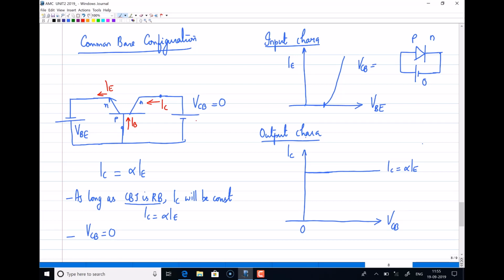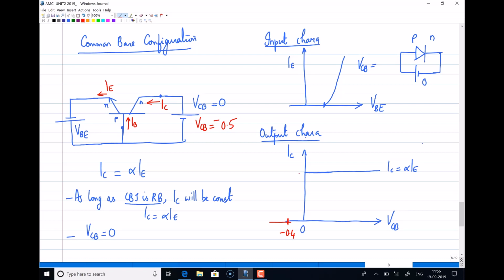If I look at this PN junction, for VCB equal to 0, the junction is not forward biased. So till VCB equal to 0.5, when I say VCB equal to 0.5, your collector has a higher potential. So VCB should be equal to minus 0.5, right? VCB will reduce to 0, then VCB will increase in the reverse direction.